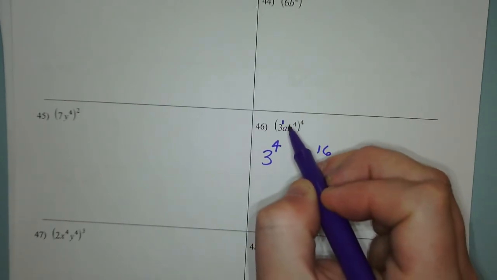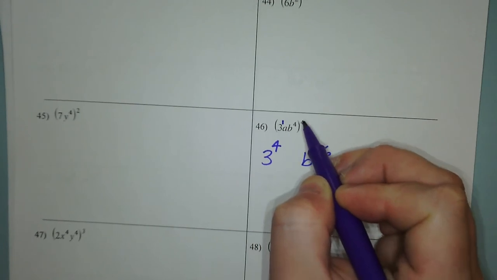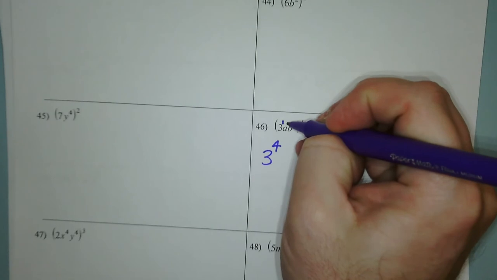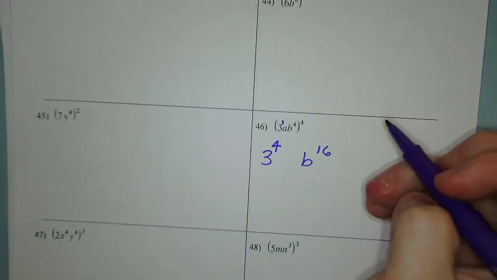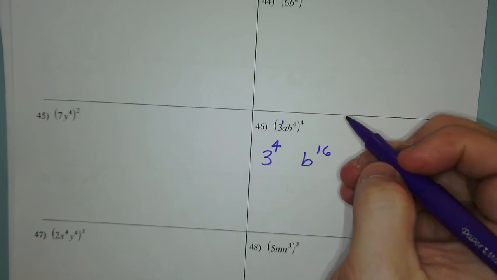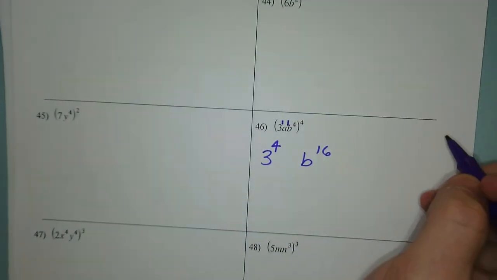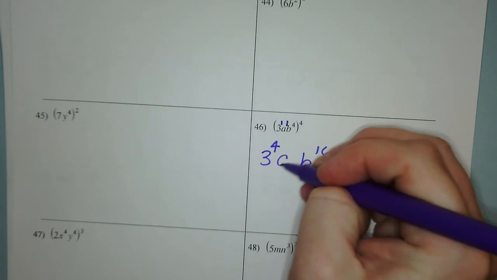And then I think you also forgot to raise the a to the 4th power, which, if you want to be very, very thorough about this, technically that's a to the 1st, a to the 1st to the 4th, which is a to the 4th.